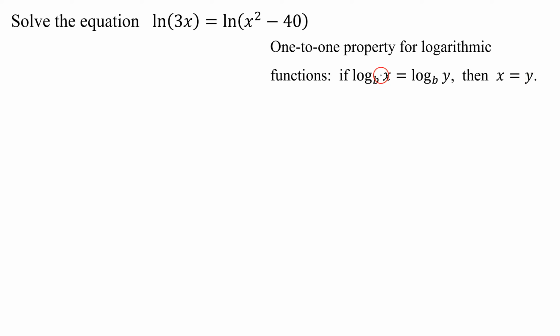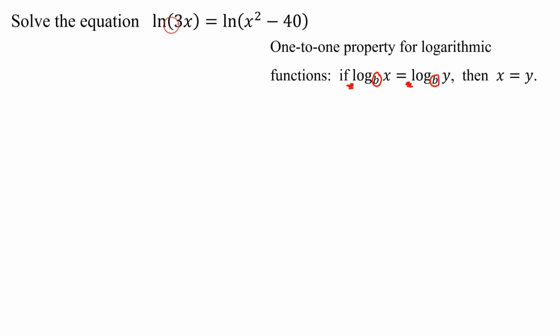It's important to note the base of the logs must be equal, and the coefficient of the logarithmic terms must be a 1. Do I have that in this case? Yes, the base of both of my logs is e, so it's the same, and the coefficient of each of my log terms is a 1.